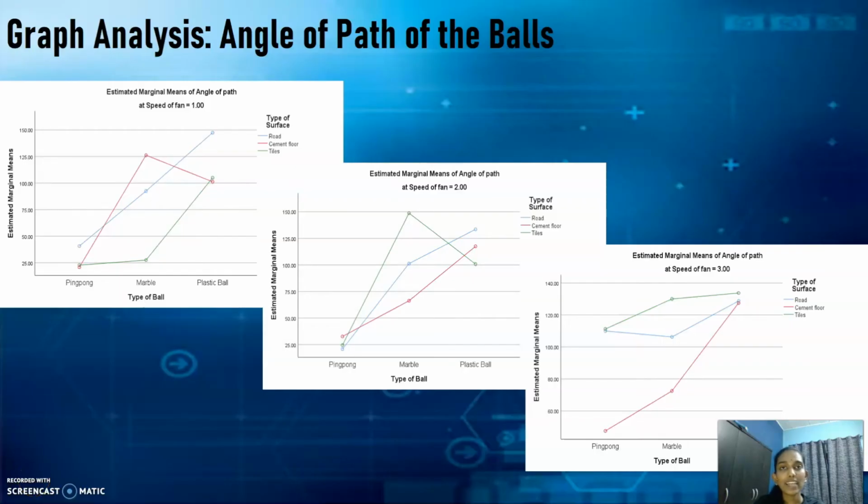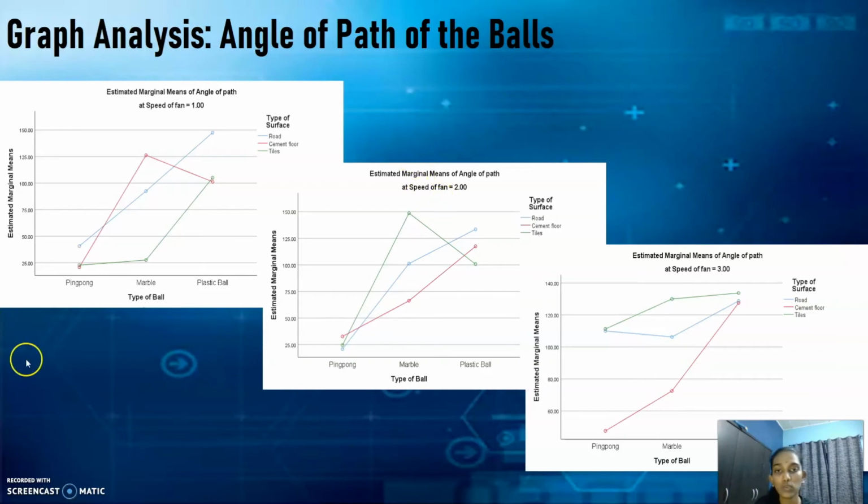Moving on to the second part of the data analysis, besides descriptive analysis, we also did a graph analysis. So now let us look at the first dependent variable of our experiment, which is the angle of path traveled by the ball. As you can see, there are 3 graphs here in the slide. This graph is the estimated marginal means of angle of path for different speed of fan.